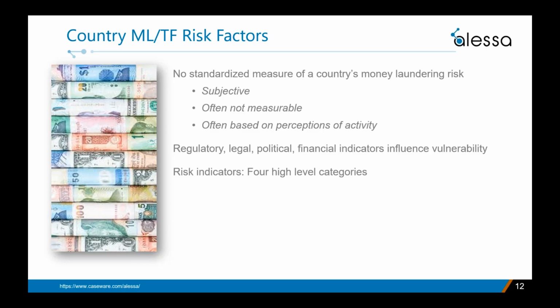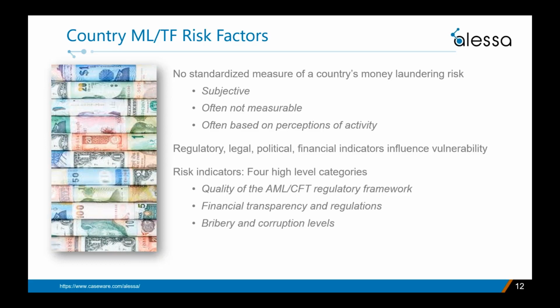So what are the various indicators that a country has a higher money laundering risk? Well, they fall into one of four high-level categories. First is the quality of a particular country's AML CFT regulatory framework. And by the way, CFT stands for Countering the Financing of Terrorism.